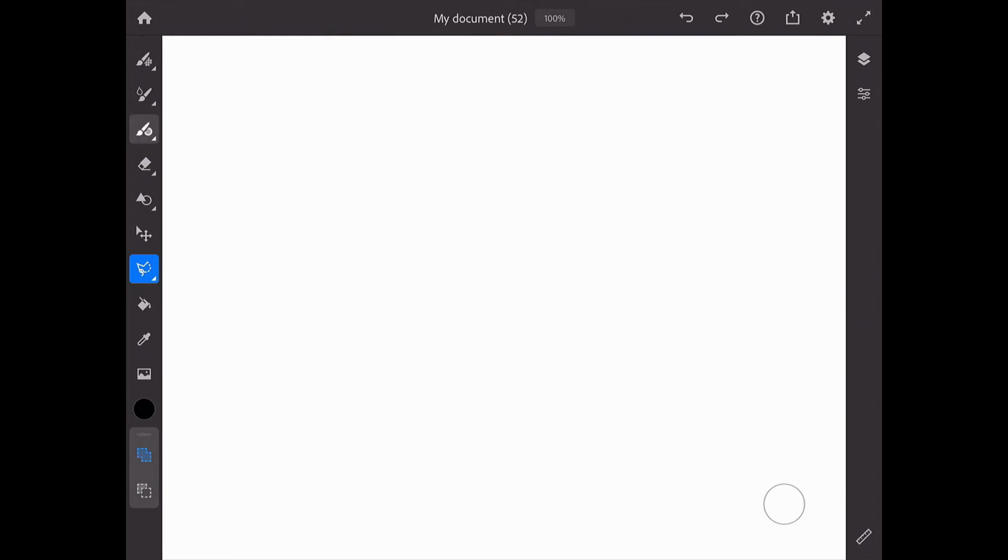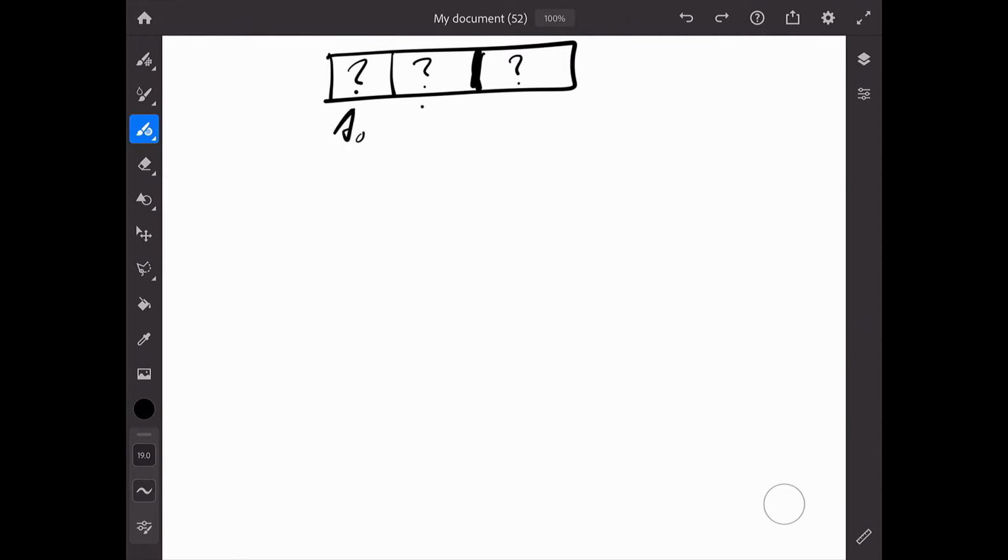So let's start with a smaller array. So same idea here. Here's just some array of size 3 that we hand off to a sorting algorithm, any comparison-based sorting algorithm. We, of course, have no idea at the start what's in any of these boxes. And to be able to talk about this, I'll label these boxes A0, A1, and A2.